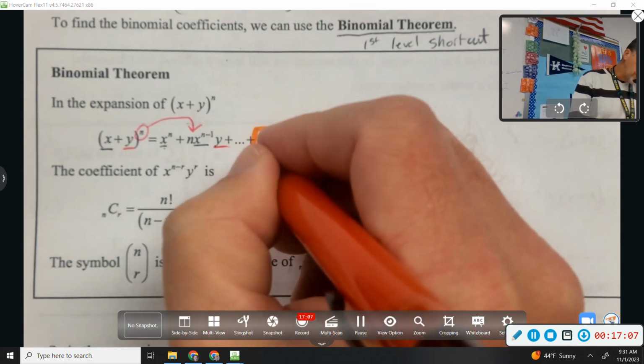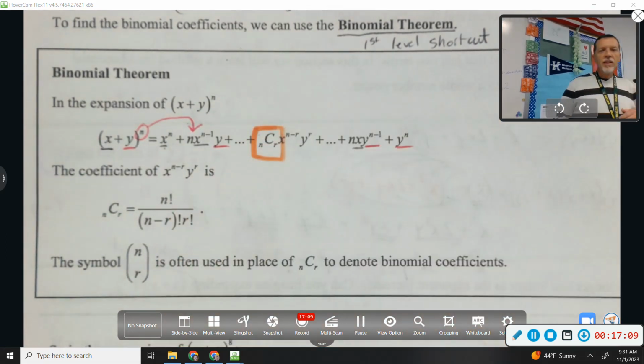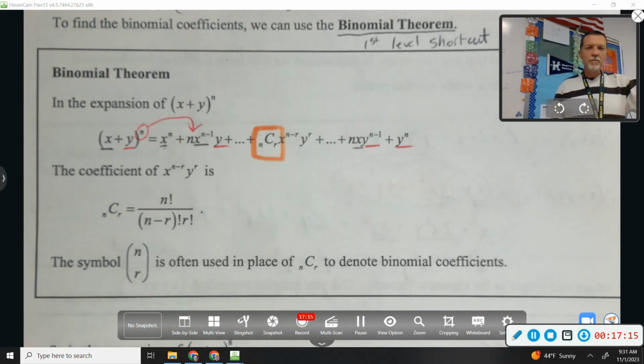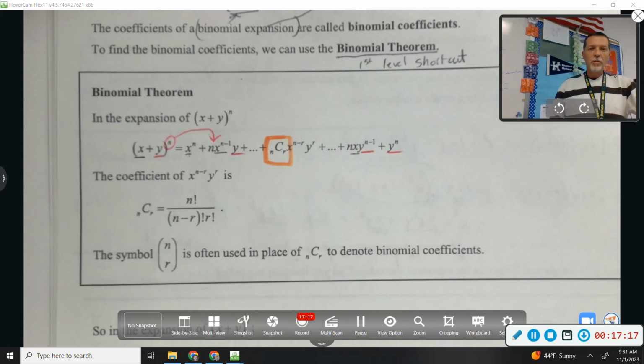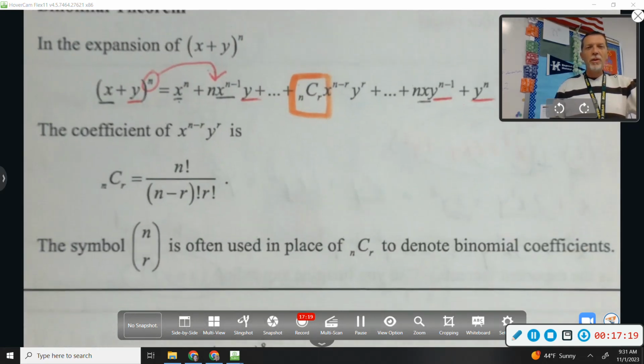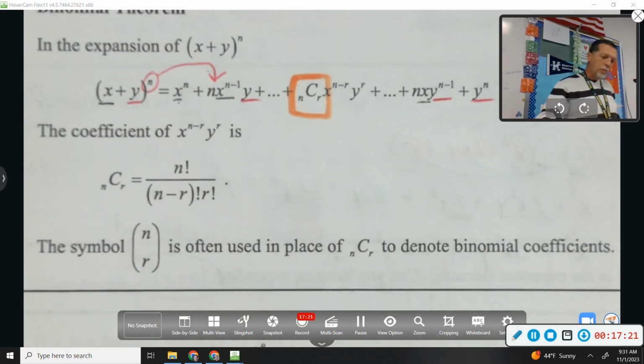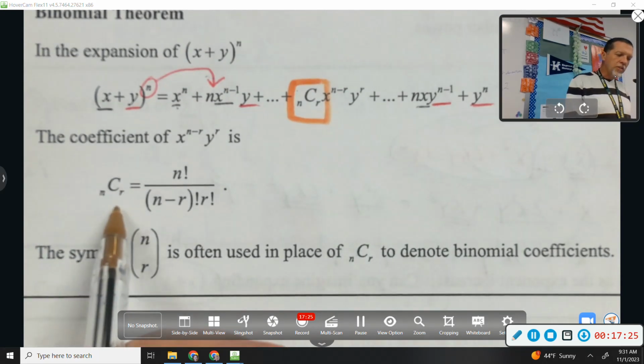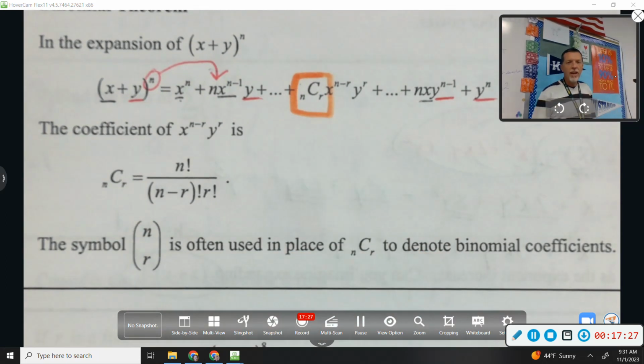What is this supposed to mean? C with a little n in front and a little r at the end. I don't even know the right word. A pre-subscript and a post-subscript. Two subscripts, one on the front end, one on the back end. Okay, well here's the definition of what that is.